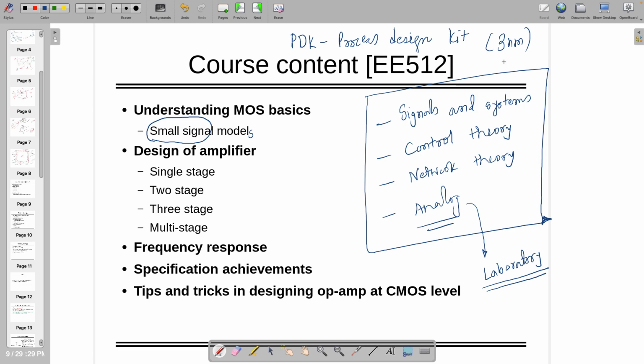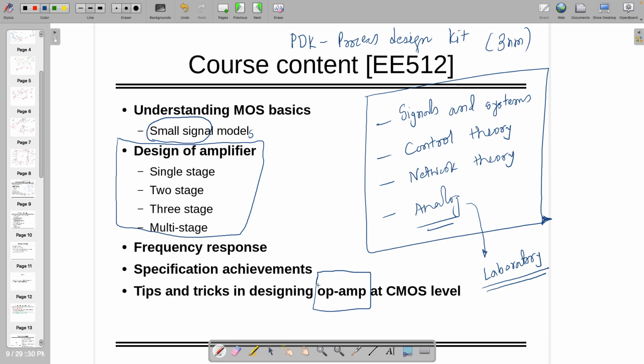We are going to study the design of amplifiers, and the whole goal of this course is that we want to make an operational amplifier, the triangle. We want to design it completely from start to end on our own, from scratch, using MOS transistors. That is our goal, but it requires lots of tips and tricks.